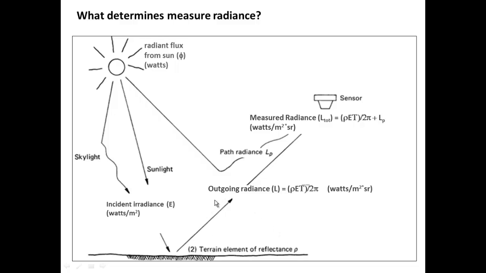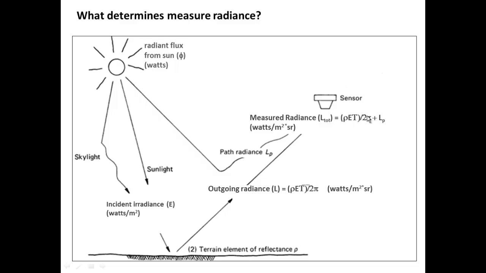And then the amount of light leaving the surface is given by the outgoing radiance, L, which is simply equal to the reflectance times the irradiance times the fraction of energy that makes it through the atmosphere, that's the transmissivity, divided by 2 pi to correct for the hemispheric geometry.